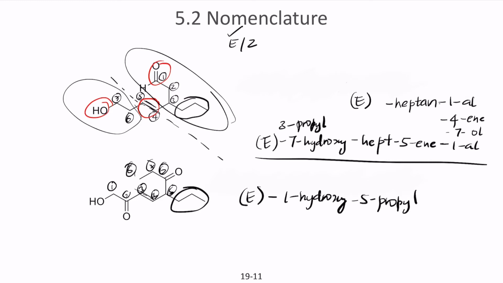In total, you have 8 carbons, so you can write oct. So 5-propyl-oct, and it's on the third carbon, so 3-ene, right? Then you have the double bond O at 2 comma 6, so 2,6-dione. So this is what you could write as the name of this compound. Let me give you another one so that you can try this on your own.